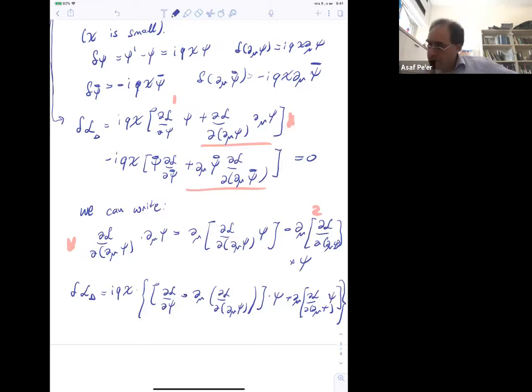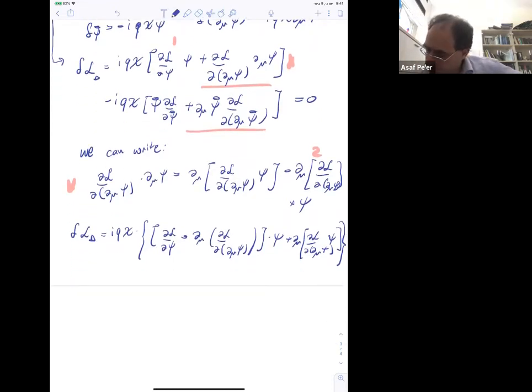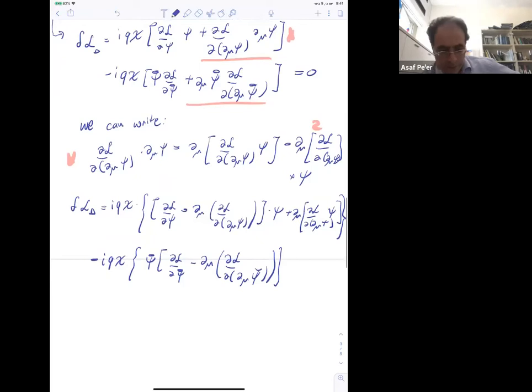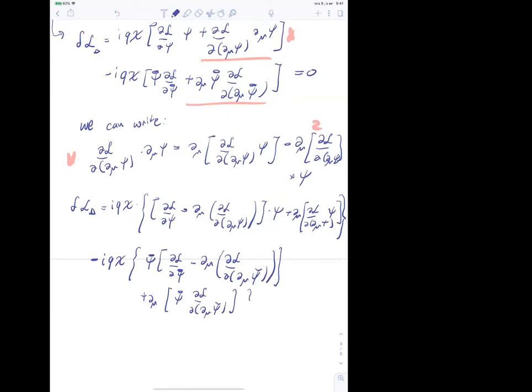And of course, similar for the psi bar: minus i q chi, psi bar times dL over d psi bar minus d_mu dL over d(d_mu psi bar), and plus d_mu of psi bar dL over d(d_mu psi bar). And all this is equal to 0.